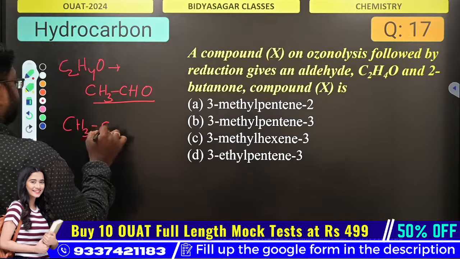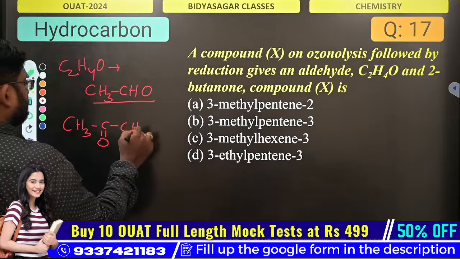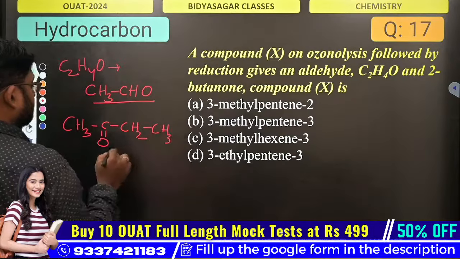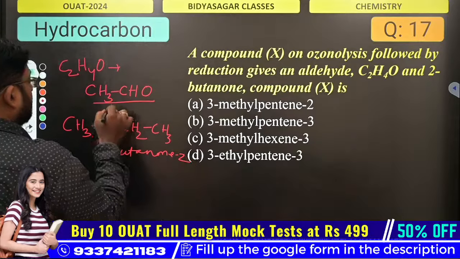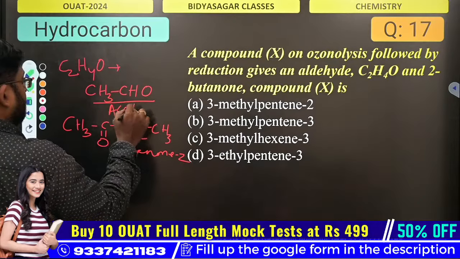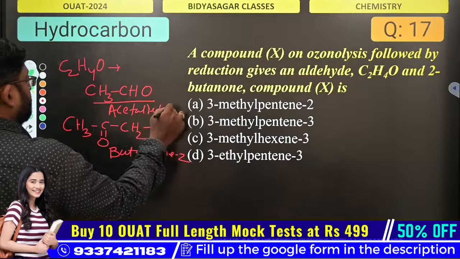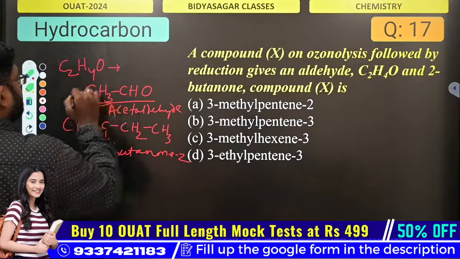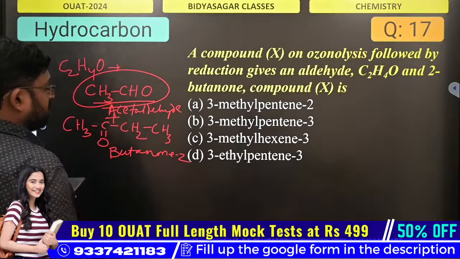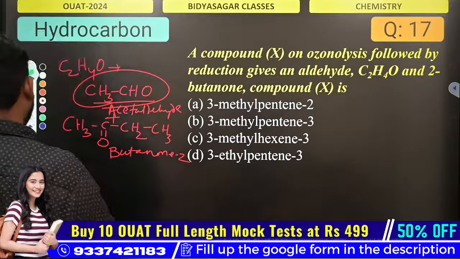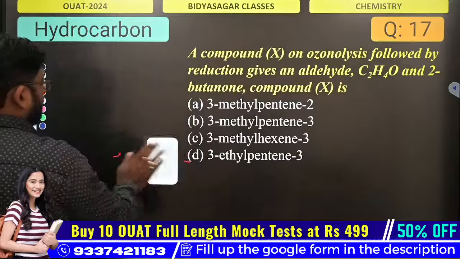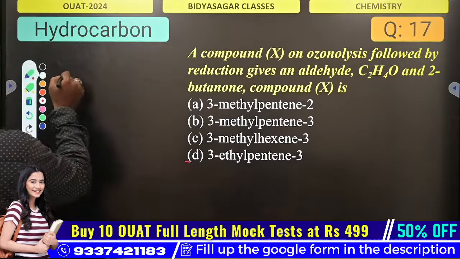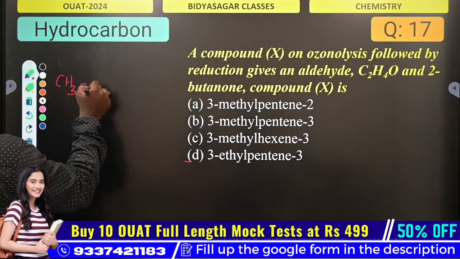So this is your acetaldehyde. You have to find out which alkene on ozonolysis gives these two products. You just have to find it out. You have to write like this.